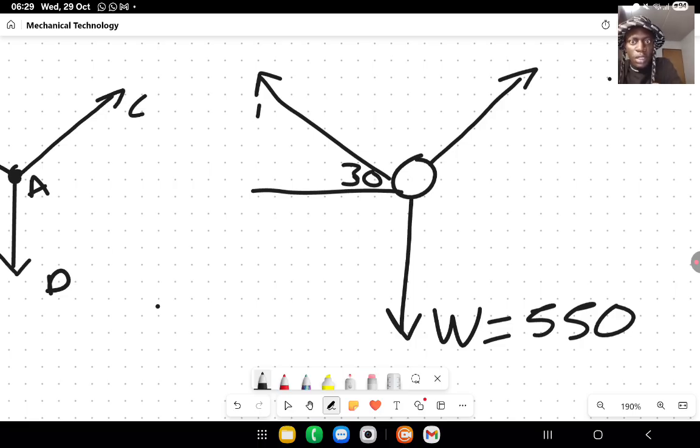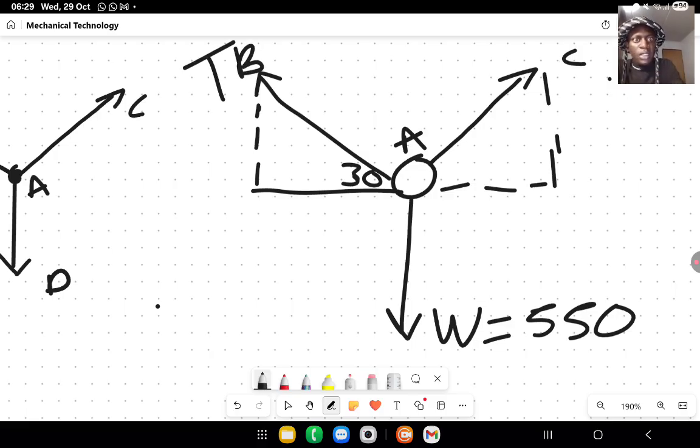We release two components, TB and TC. On this small triangle, here is 3 and 4, and here is 5.